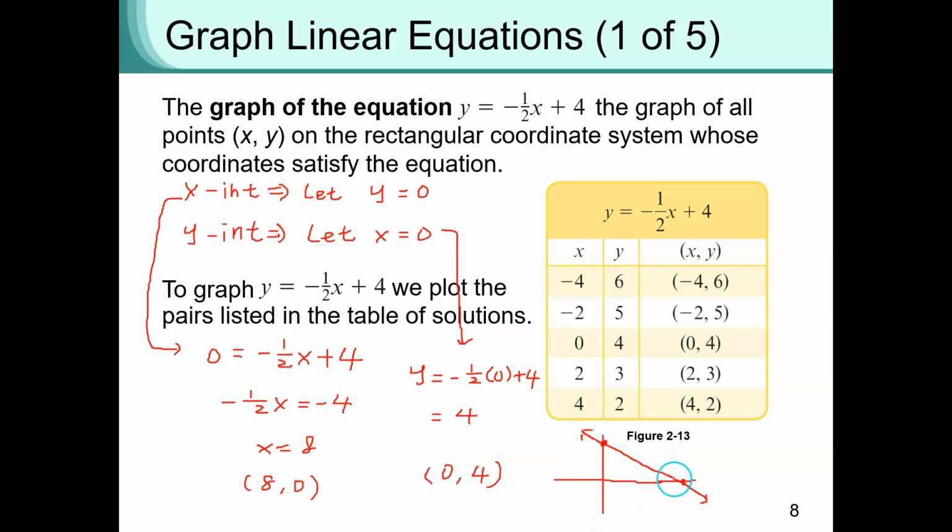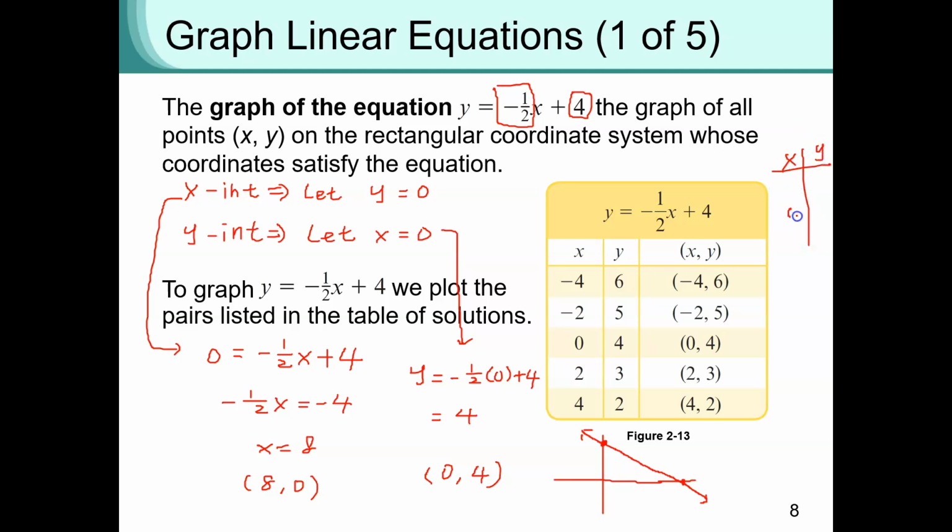Now, as you can see, this is a negative slope. From the equation, the slope is negative half, and the y-intercept is 4. If you go with the table, you can pick any number you want, but normally we pick small, easier numbers. So if I go with a table, this is x, this is y.